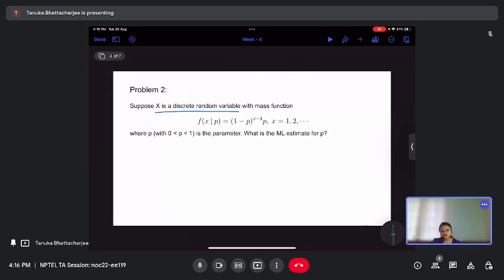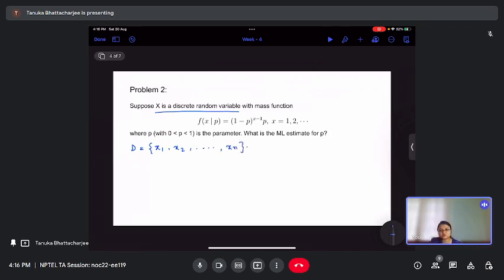Okay. So this is the parametric form of the probability mass function that we have, f x given p, where p is the parameter. So for maximum likelihood estimation, let's say we have the data set D, which contains n observations of capital X, which are x1, x2 to xn.